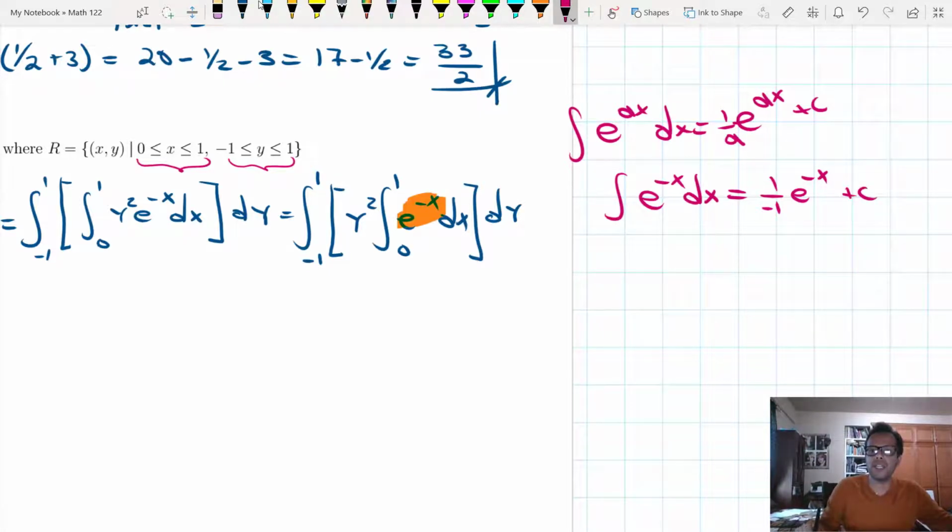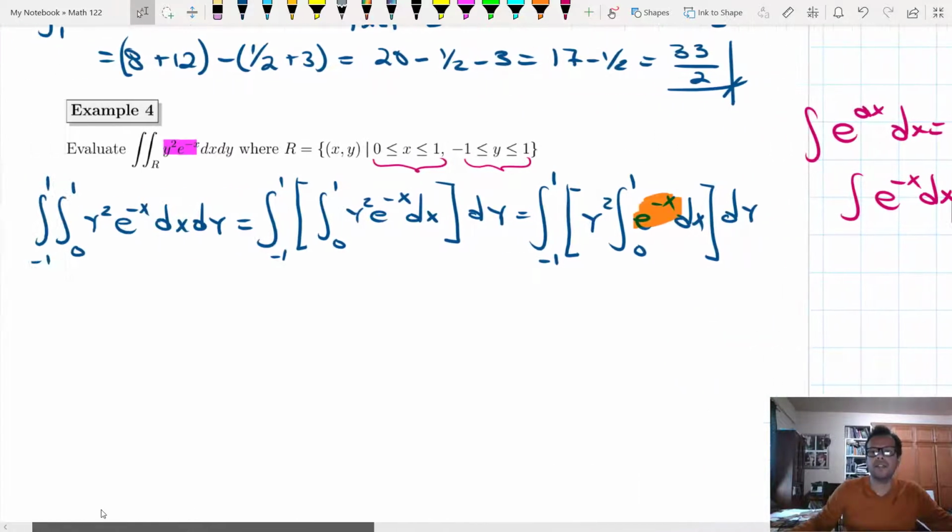But what is that 1 over negative 1? Isn't that the same as saying negative e to the negative x? All right, so this is what we're going to have for that integral. Okay, so let's go back to the example right here.